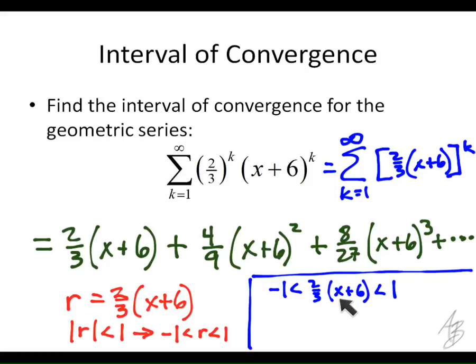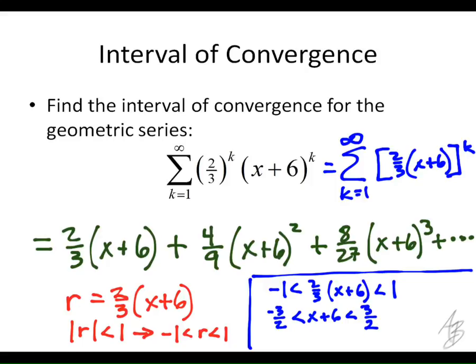I would start by multiplying all three parts by 3/2. Since I'm multiplying by a positive number, then I don't need to worry about what? Yeah, I don't need to worry about the direction of the inequalities. They're going to stay the same. So we get -3/2 is less than x plus 6, and that's less than +3/2.